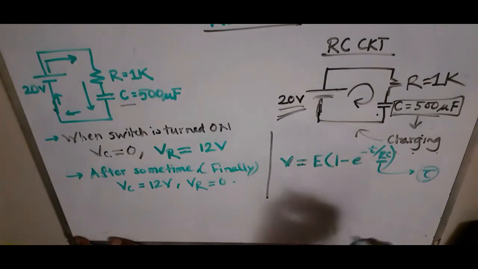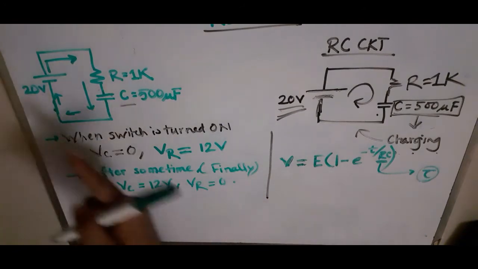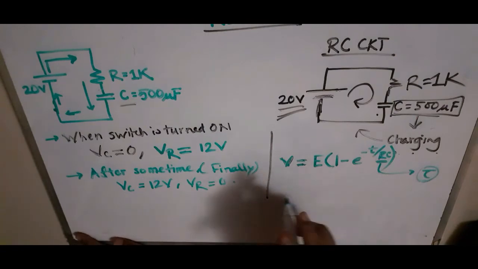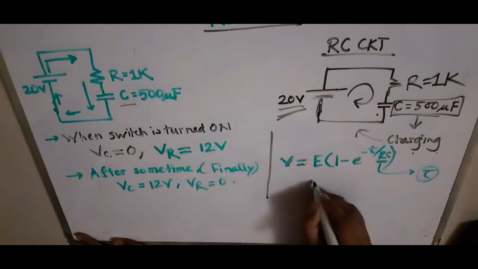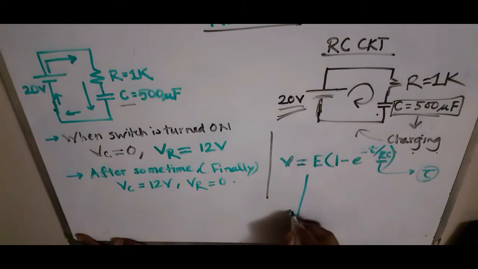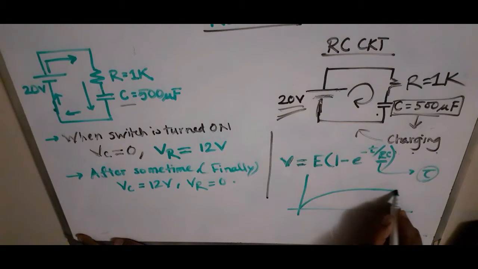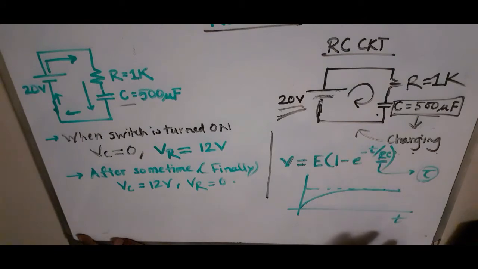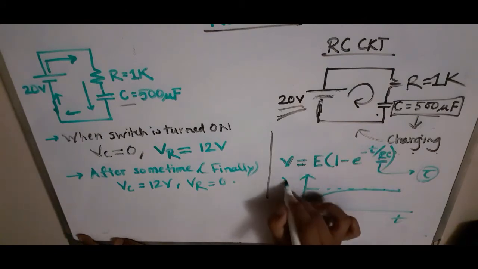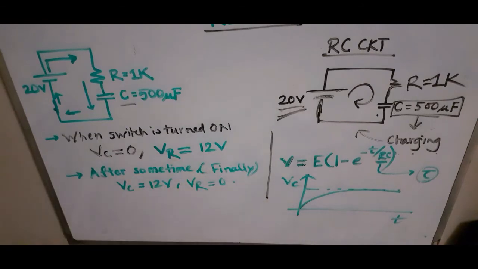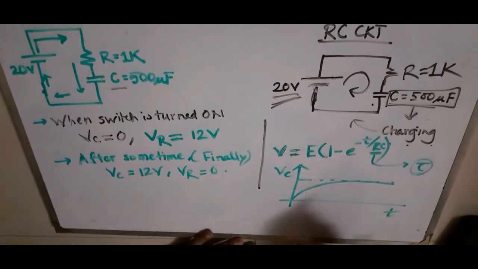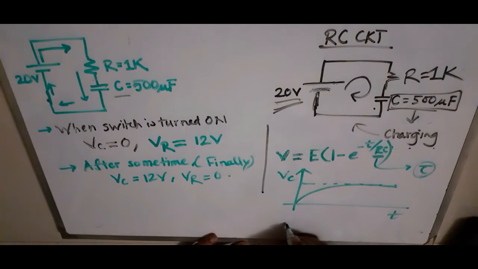So another thing you need to remember, when the charging is being done, the capacitor will charge progressively and the graph will look like this. The charging behavior looks like this. On the horizontal axis we have time, here we have the voltage of the capacitor, and as I have told you here, the time constant is tau.